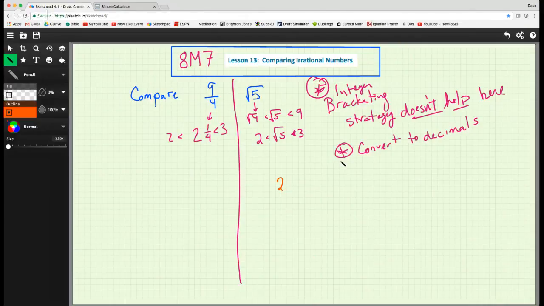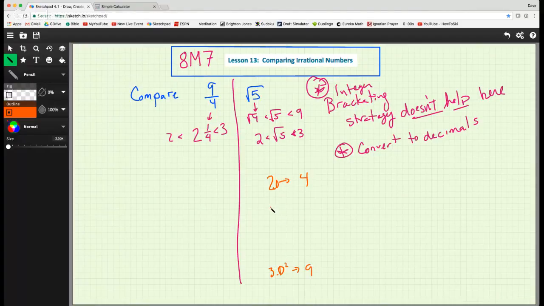Because remember, what we're going to do is try and find which number squared will give me a 5. So I know that 2.0 squared gives me a 4, and 3.0 squared gives me a 9. So I need to find out what number squared is going to give me a 5.